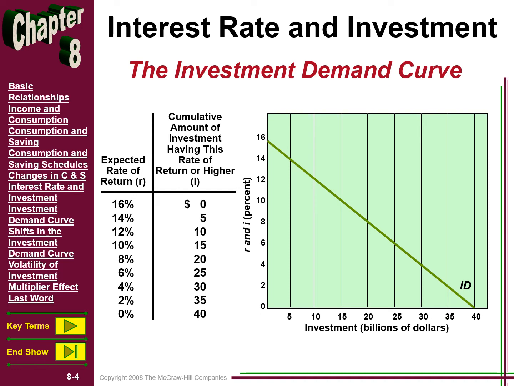And let's assume that they calculate the expected rate of return over the next 10 years to be 6%. And then they look and say, well, the real rate of interest in the economy is 6.5%. So other things equal, they would say, that's not worth it, because why would we borrow at 6.5% to make back only 6%? So if the real rate of interest is greater than the expected rate of return, that potential investment would not take place.